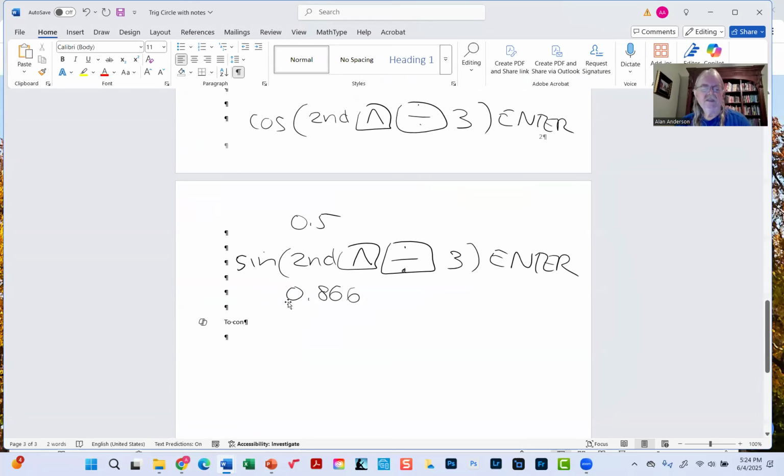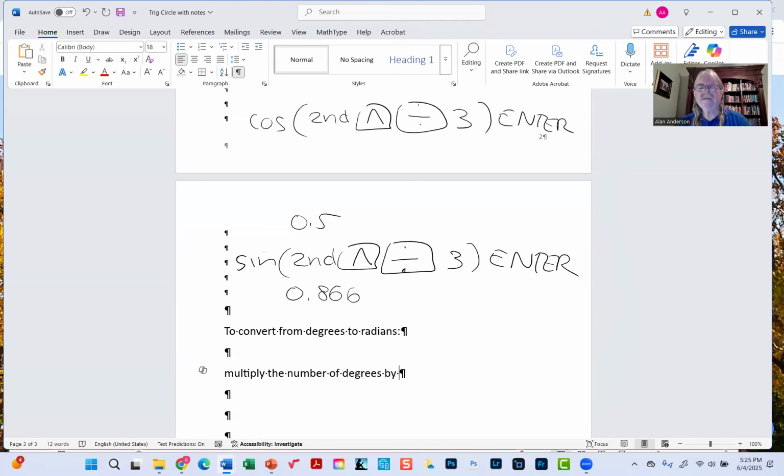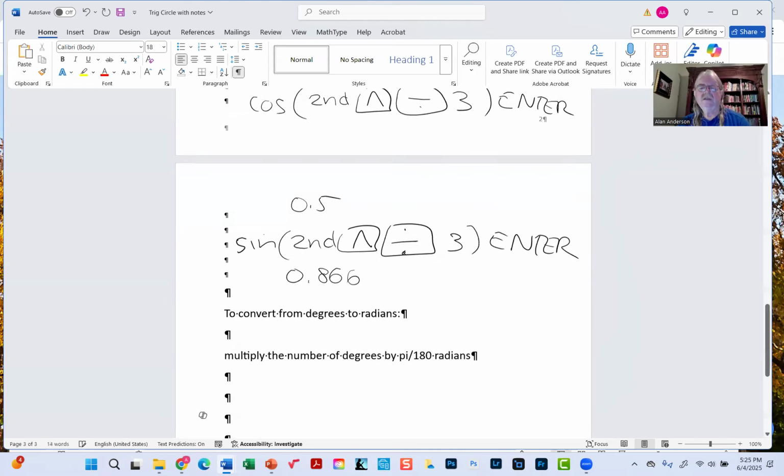To convert from degrees to radians, multiply the number of degrees by pi over 180 radians.